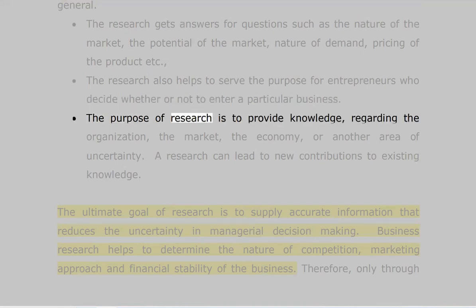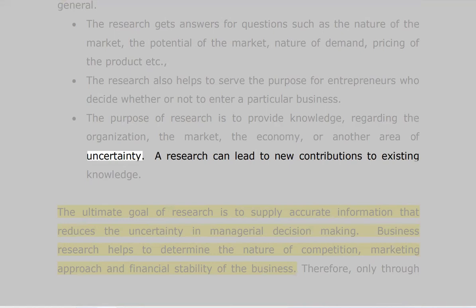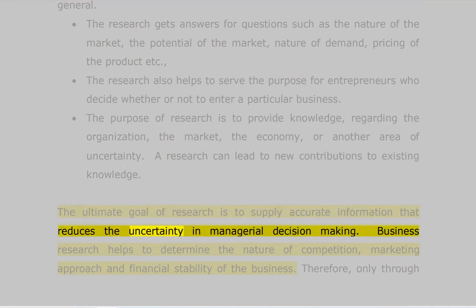The purpose of research is to provide knowledge regarding the organization, the market, the economy, or another area of uncertainty. A research can lead to new contributions to existing knowledge. The ultimate goal of research is to supply accurate information that reduces the uncertainty in managerial decision making.